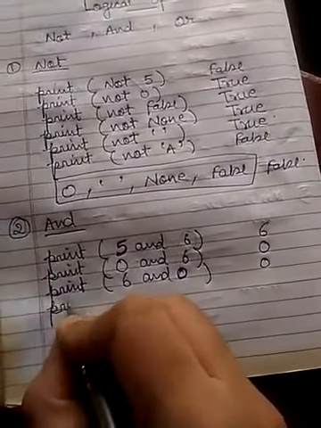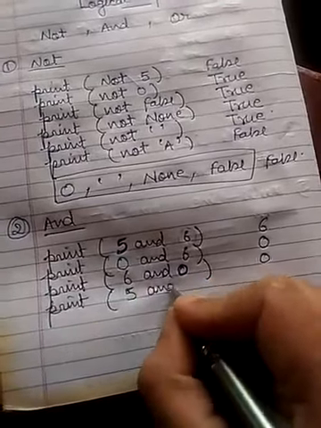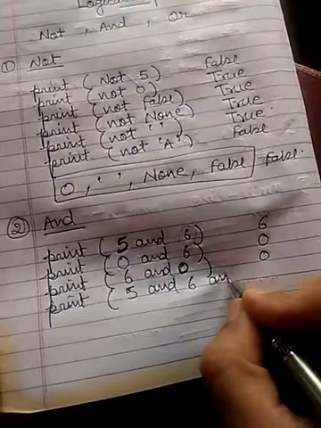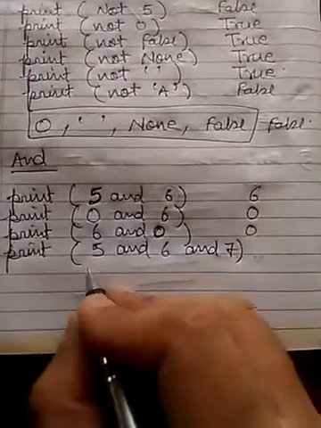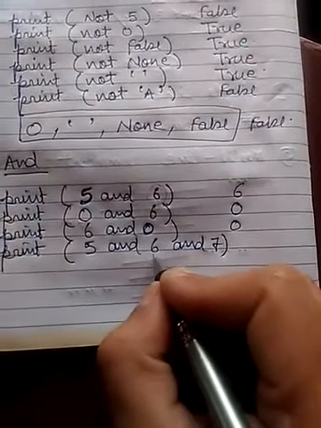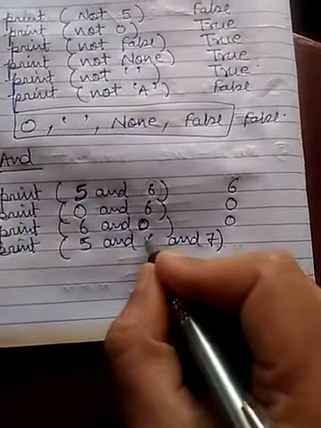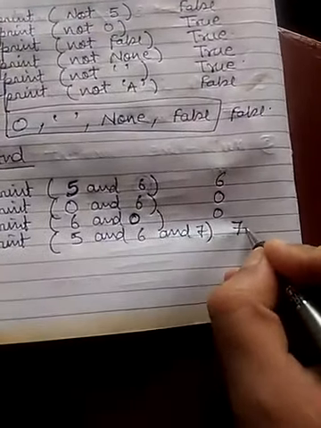But if I write multiple values like 5 and 6 and 7, then what will be the output? First the interpreter will check the first value. It is true, then it moves to the second value. Again it is true, then it will move to the third value. That's why 7 is the answer.